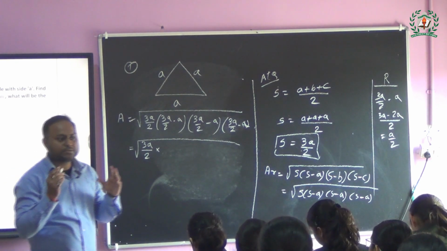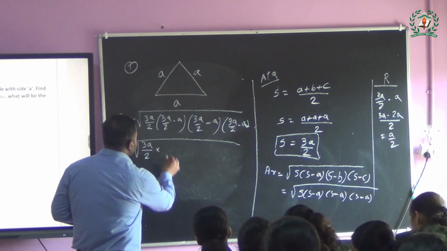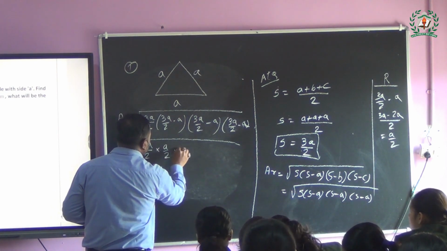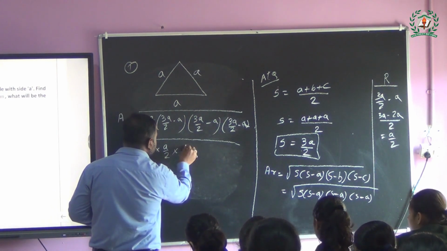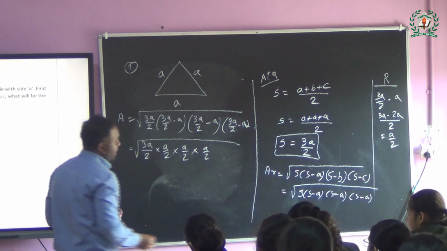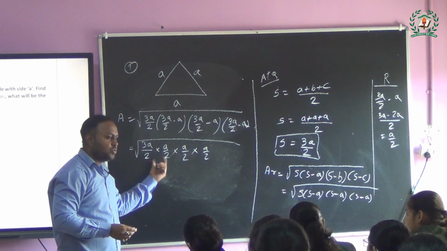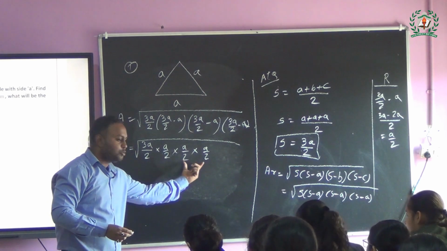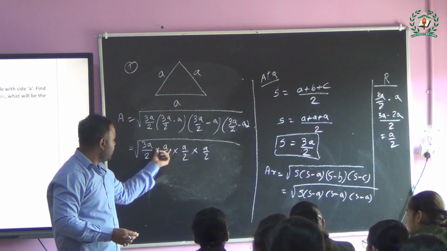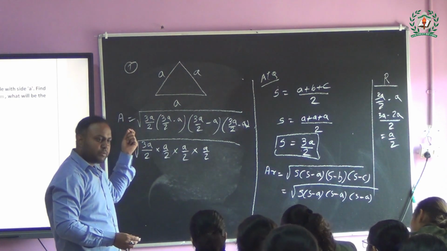We must have a proper knowledge of square roots and squares. So that becomes your A by 2 cross A by 2 cross A by 2. I think no doubt is here anymore. Very simple. You see, 2 cross 2 comes out of the root, 2 cross 2 again comes out of the root, A cross A again comes out of the root, A cross A again comes out of the root.